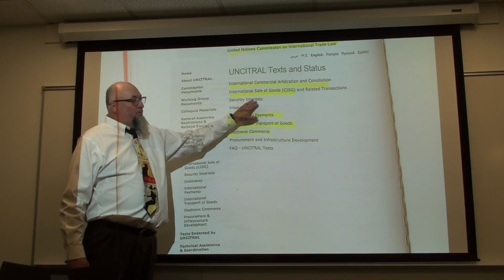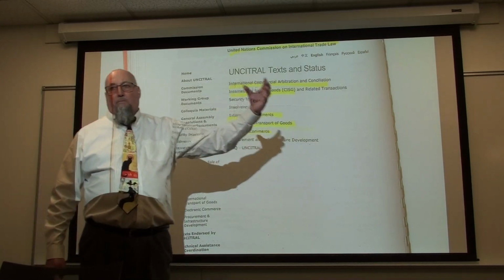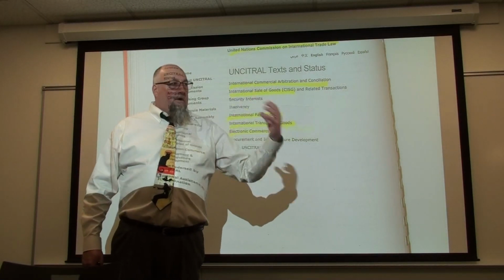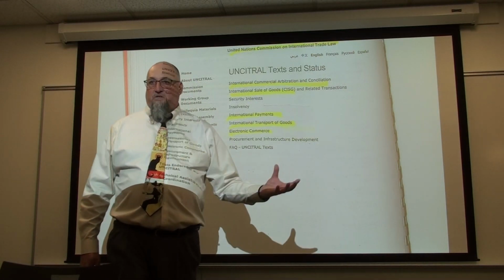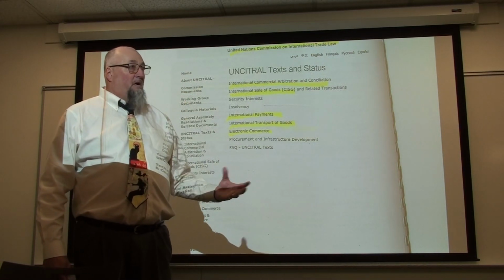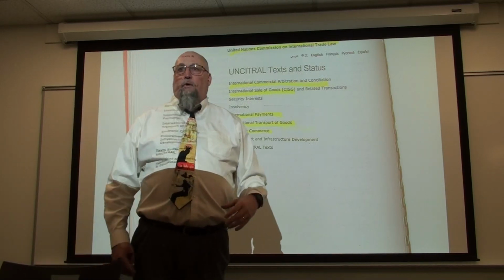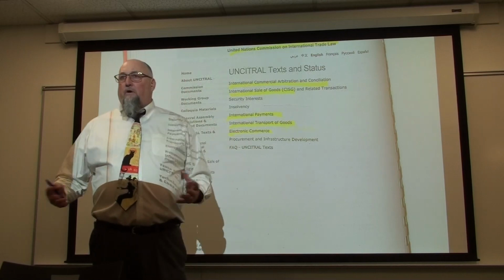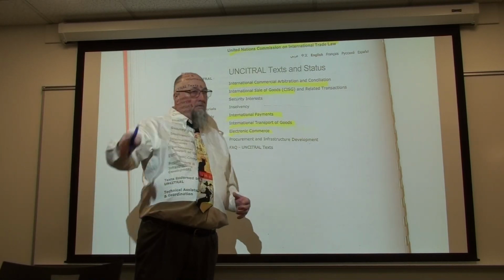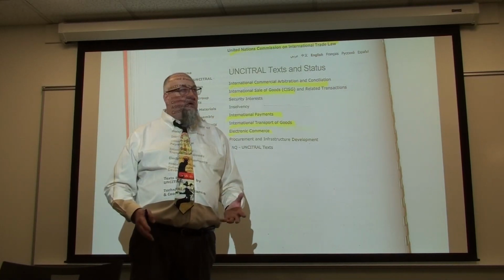Security interest, that's where you are loaning money and if a company doesn't pay you, you can go repossess assets. Maybe it's a ship or an aircraft or shipping containers, or other assets which may be anywhere in the world depending on the day.